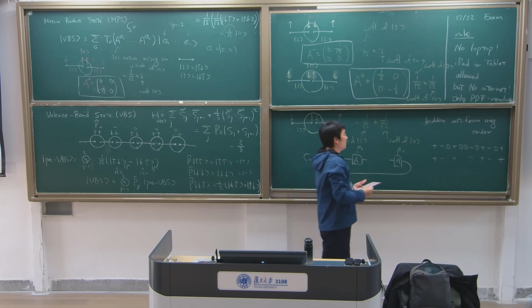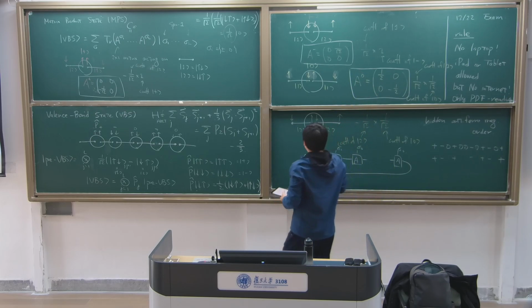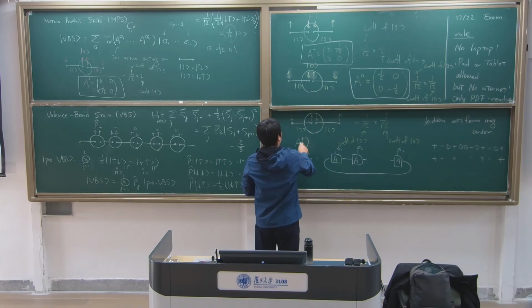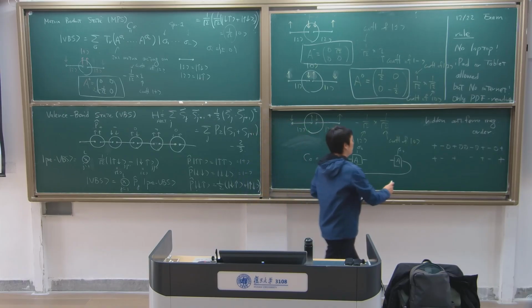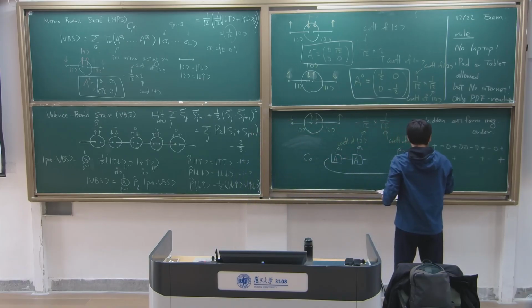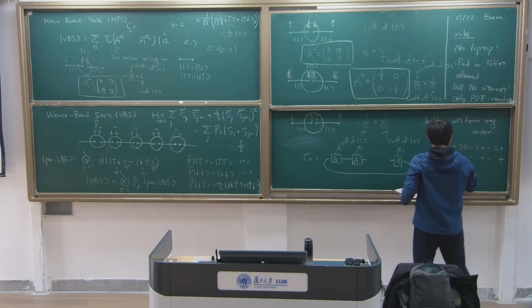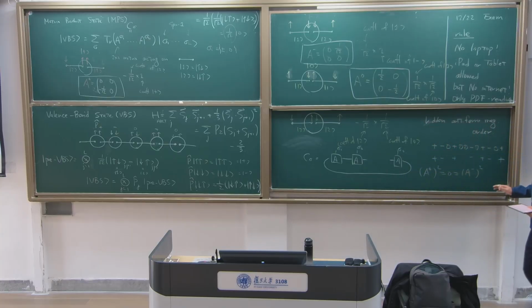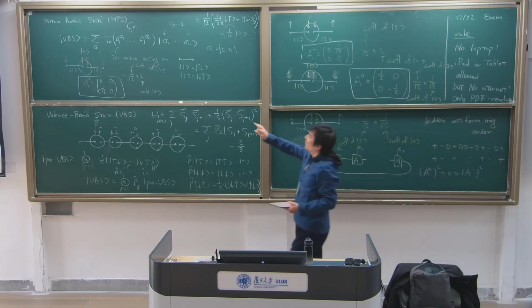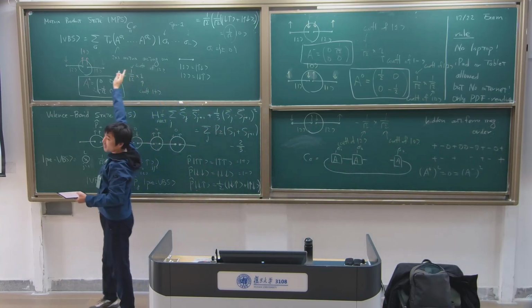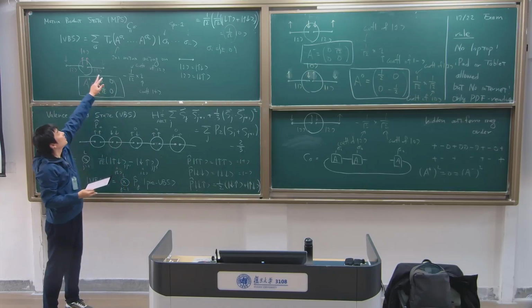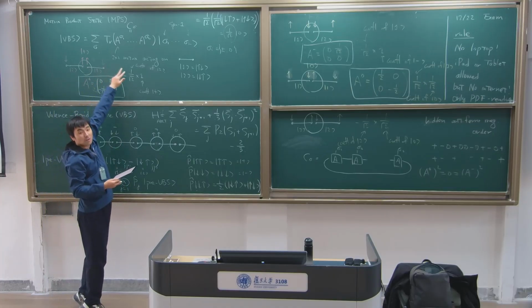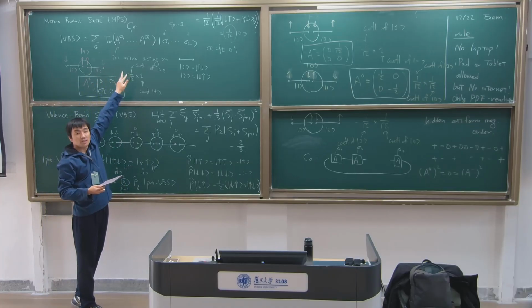So A plus square is always 0, and the same thing, A minus square is 0. So if you put A plus, A plus in order, you get 0 if you do the trace of this one.